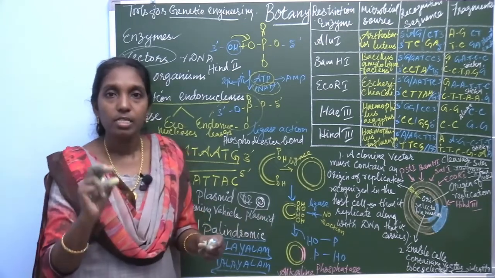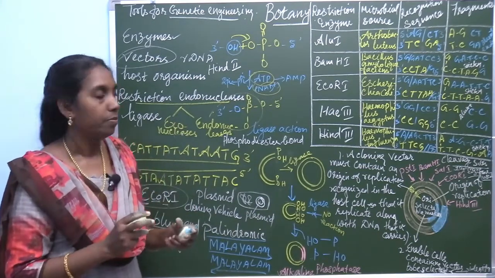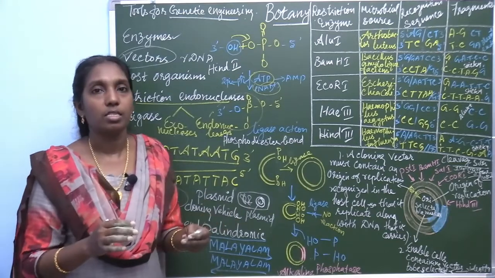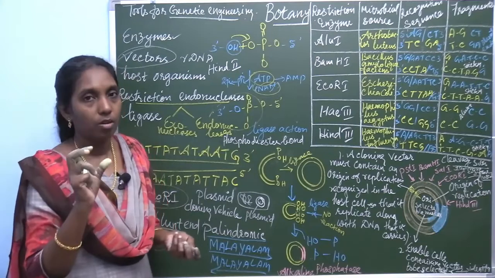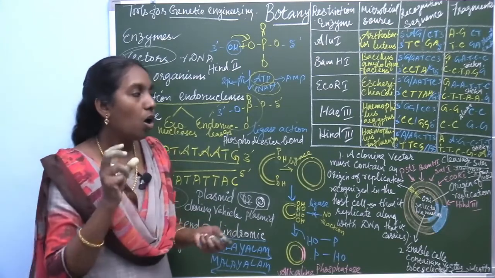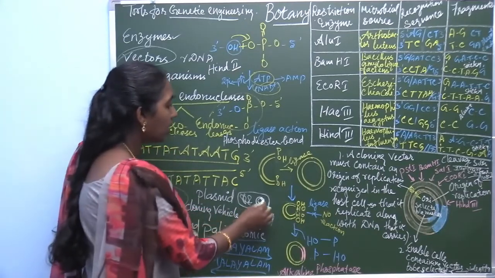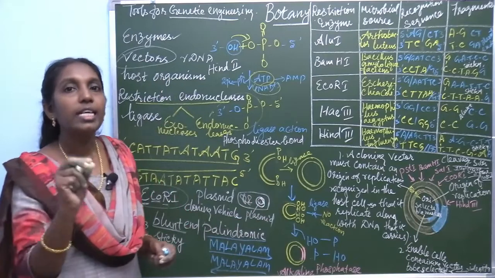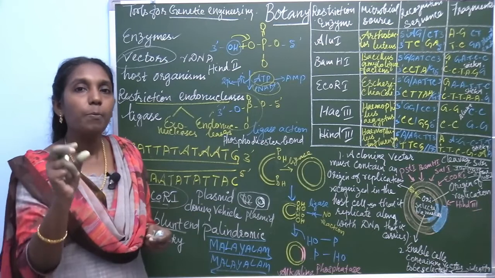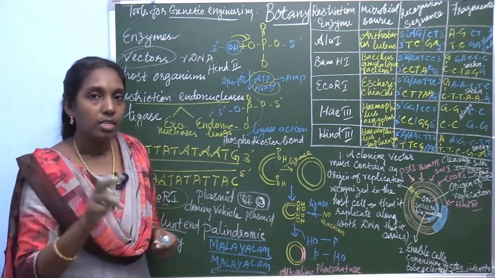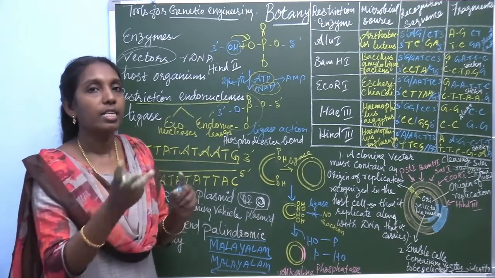Another property of a vector is that it contains an ORI region, that is the origin of replication. It initiates the replication. And there is a marker, a selective marker, present to identify the transformant.